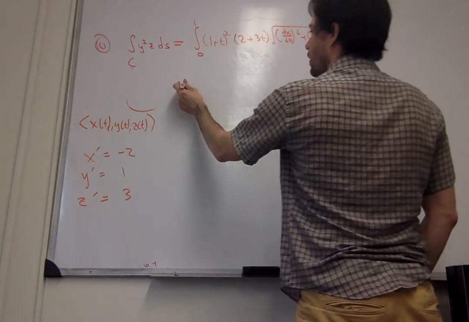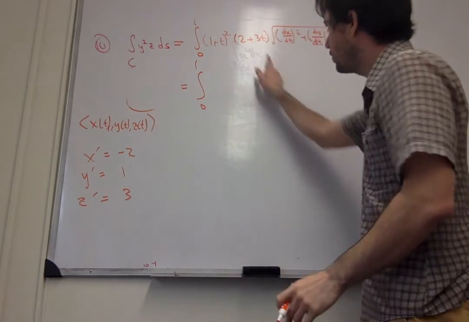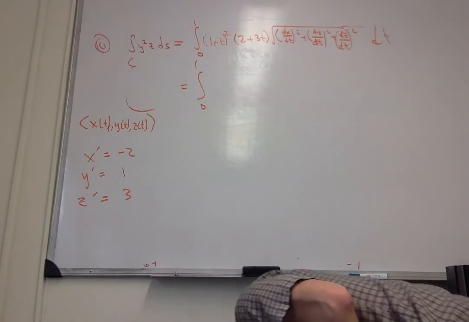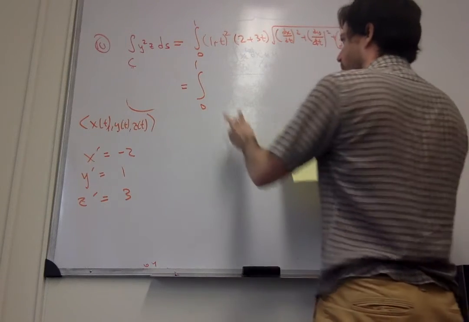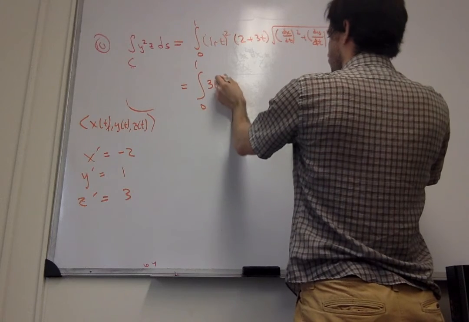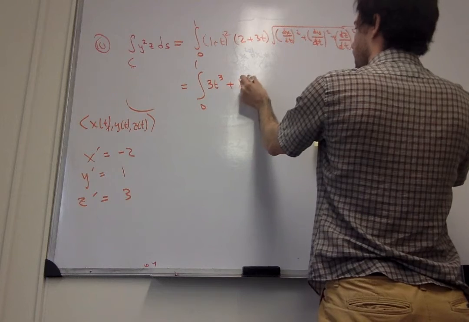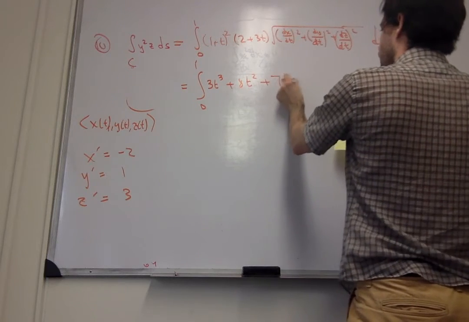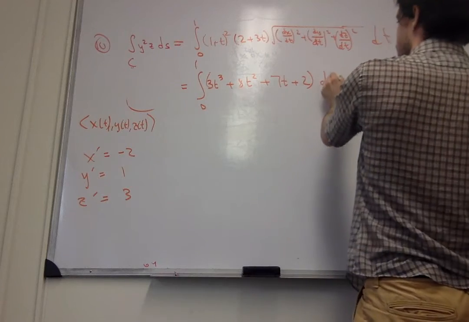I go over here and I just carry the calculation out. This is a fairly routine calculation, but I'm not going to do it. It's just algebra. It's going to turn out to be the integral of 3t cubed plus 8t squared plus 7t plus 2, dt.